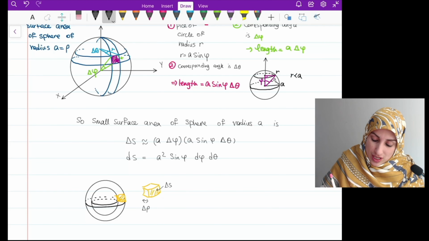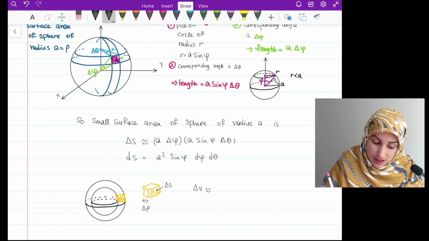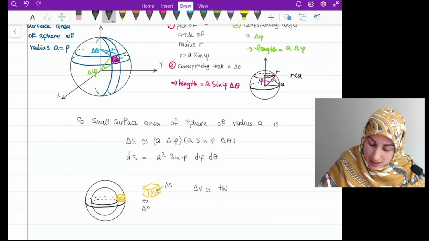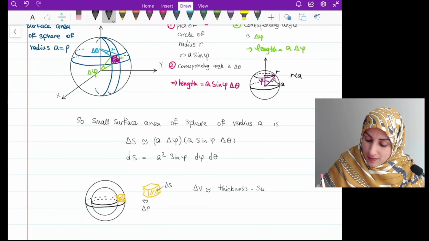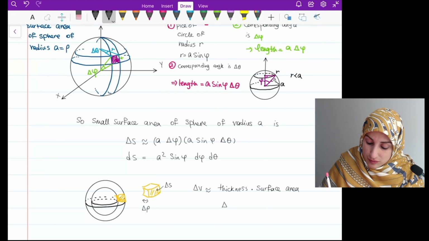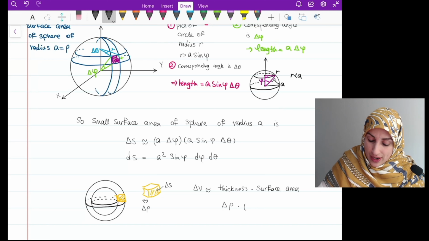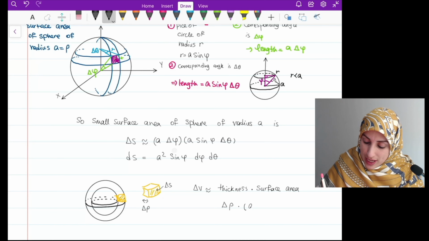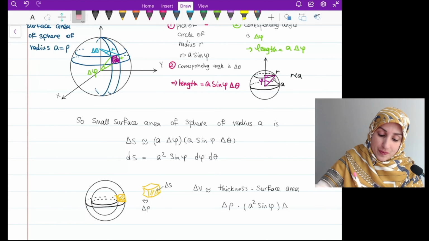So dV, the volume, would be the thickness times the surface area. The thickness is delta rho, and the surface area we already calculated. It would be A squared sine phi delta rho delta phi delta theta.